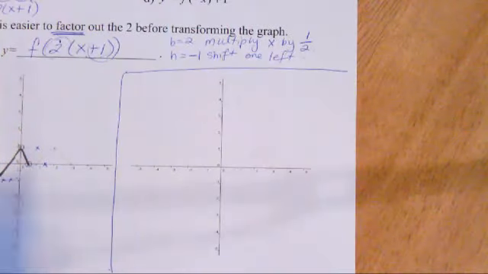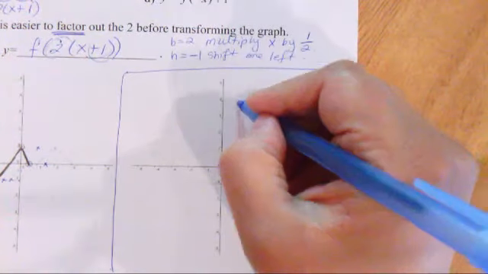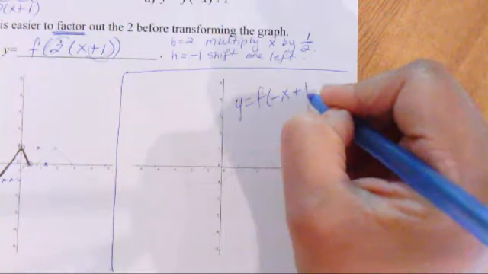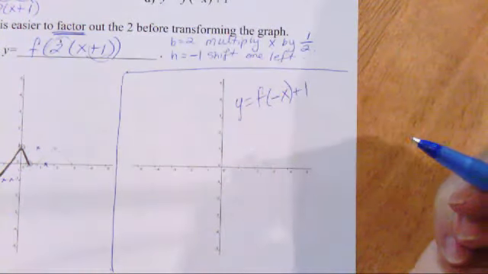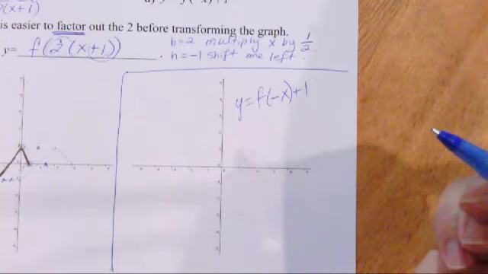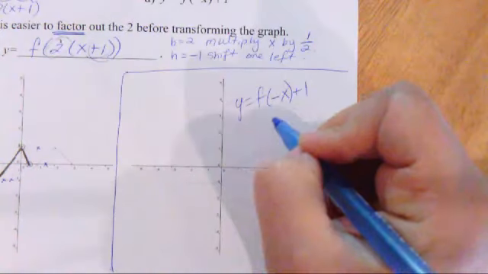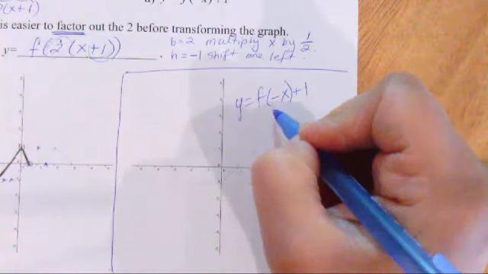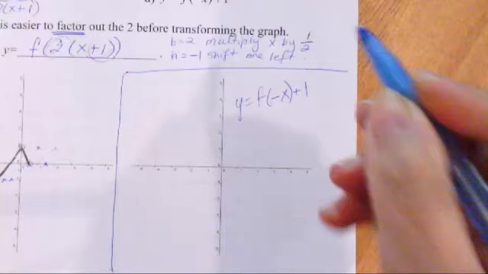Now let's look over to part D. So part D was this: y equals f of -x plus 1, close my bracket over there. And what we do for this one first is multiply all the x values by -1.